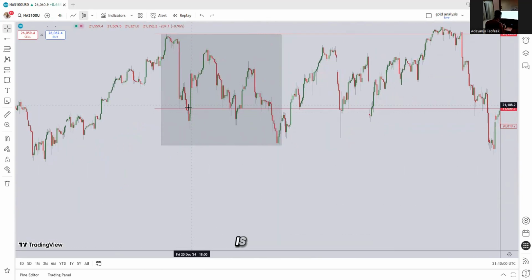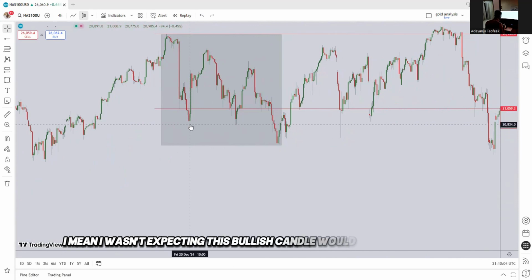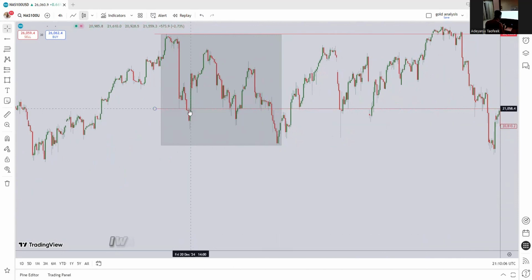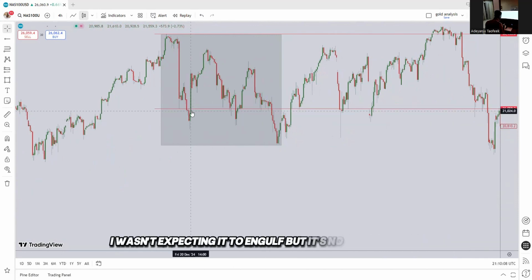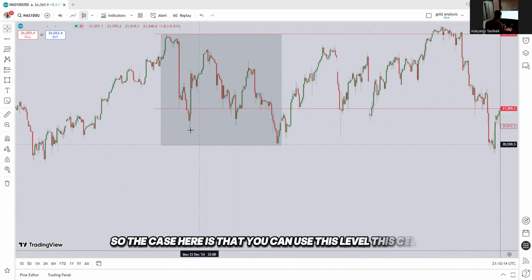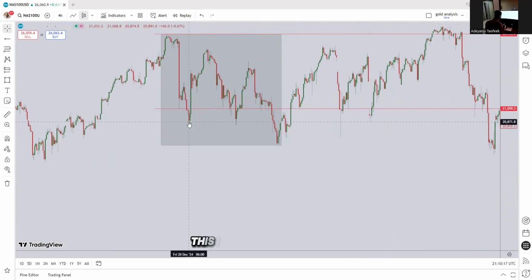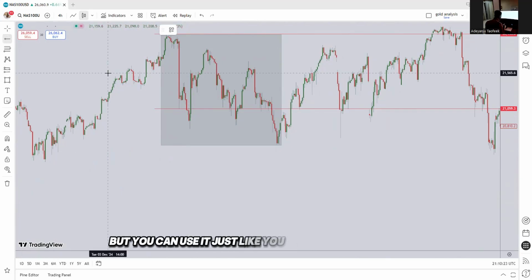Is it a good one? I was expecting this bullish candle would engulf here, but it's not the case yet. So the case here is that you can use this level, this sell, this low, this red candle, just like you marked out on the daily.